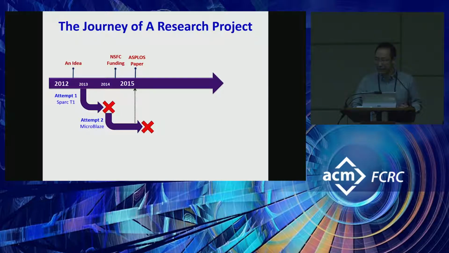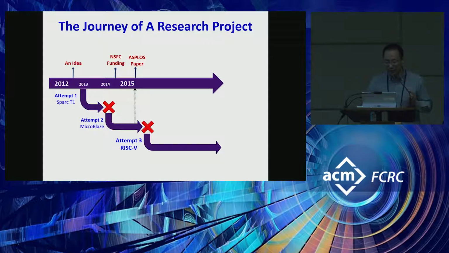But what next? We wanted to open source our design and also tape out the design. But based on MicroBlaze, we cannot do that. So we made a third attempt to implement our idea on RISC-V.